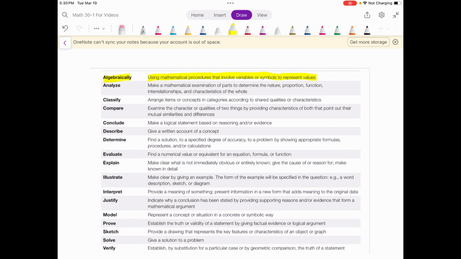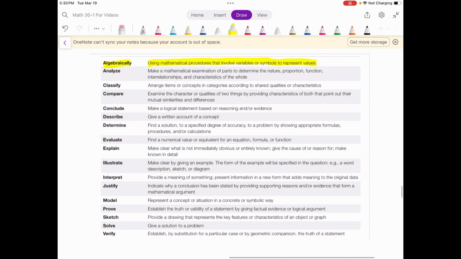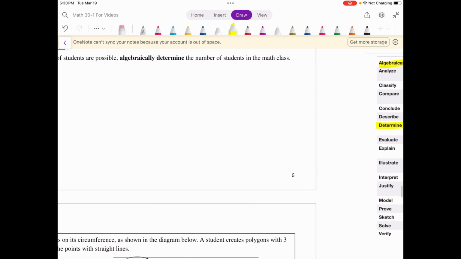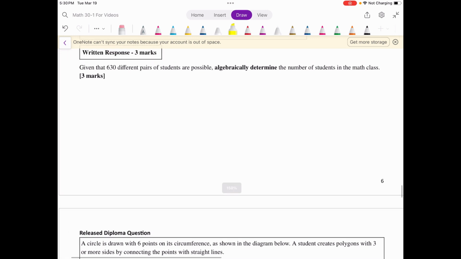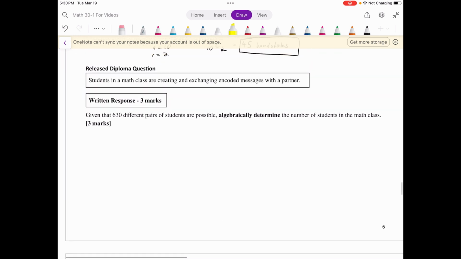You can be docked marks for making up your own symbols, even if the process works out in the end, because part of answering a math question is properly communicating your answer so that people can understand it. And determine means find a solution, find the result, find the answer, by showing appropriate formulas, procedures, and or calculations. So again, we don't just want to get our answer here. We want to show how we're getting our answer, the algebraic process that underlies it.